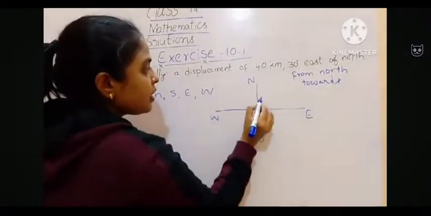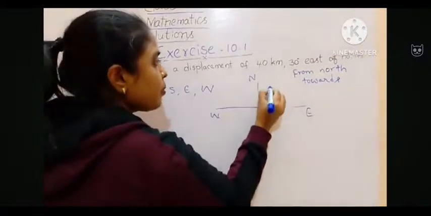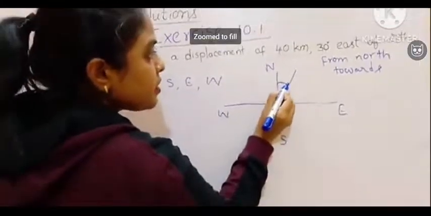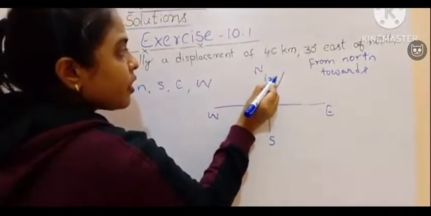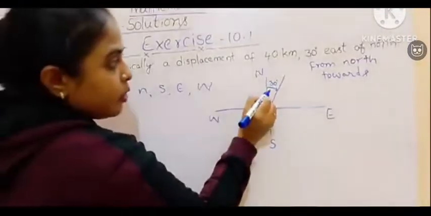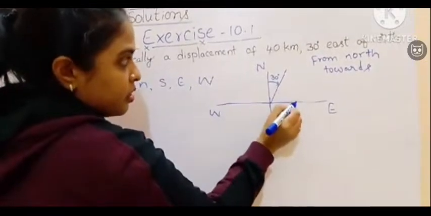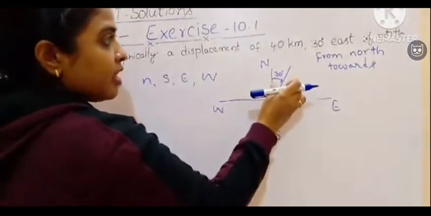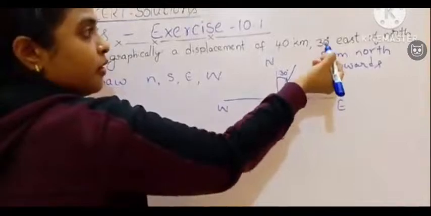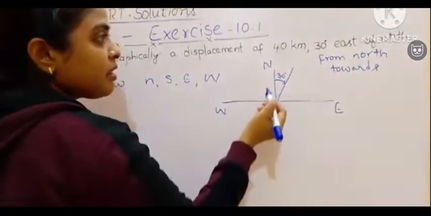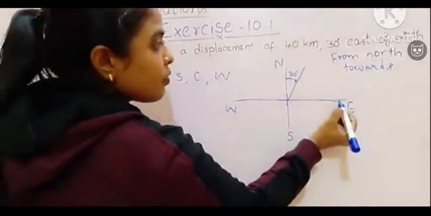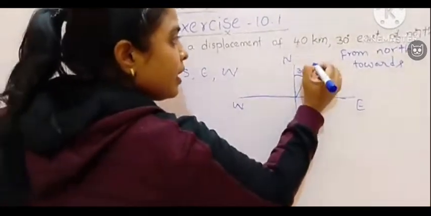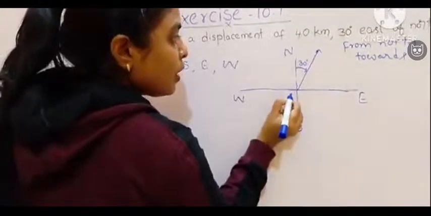I will take approximately this as 30 degrees from the north and towards east. So this line satisfies the given question. So 30 degrees east of north is from north 30 degrees towards east. So this is the required line from origin.